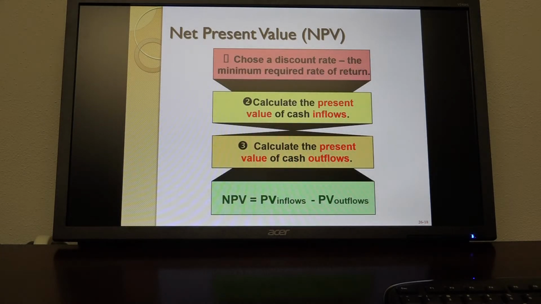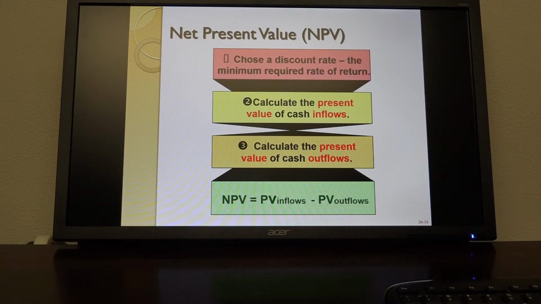And so what you have to do in determining net present value is choose the discount rate. Usually this is going to be some rate that the company has determined is their minimum required rate of return on capital projects. We're not going to accept any capital projects that are below, pick a number, 10%, 12%, 15%.